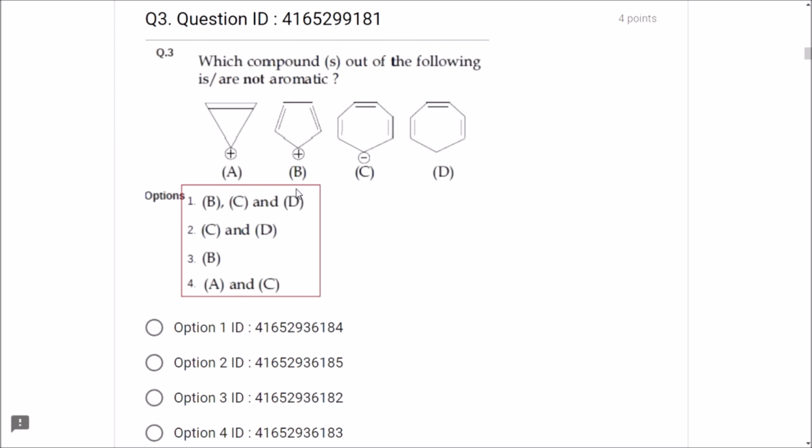Let us see B. How many pi electrons are there? Only 4 pi electrons. So it is not aromatic. What about C? How many pi electrons are there? 1, 2, 3, 4, 5, 6, 7, 8. 8 pi electrons. Is it aromatic? No, students. To show aromaticity, this molecule should have 10 pi electrons.